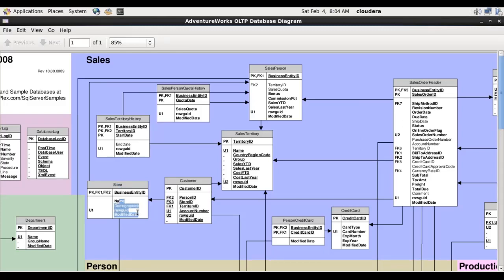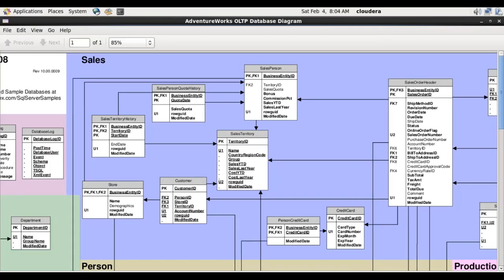We can come here and see territory is connected to stores, which is connected to customer, that's connected to territory. Let's see sales order header. Sales order header should have something to do with customer.